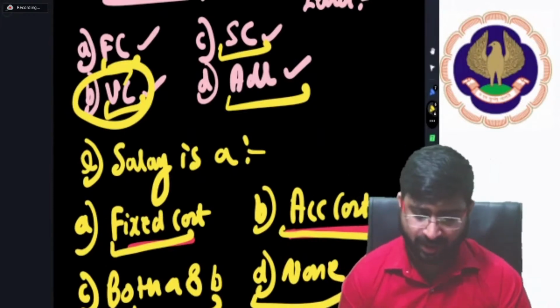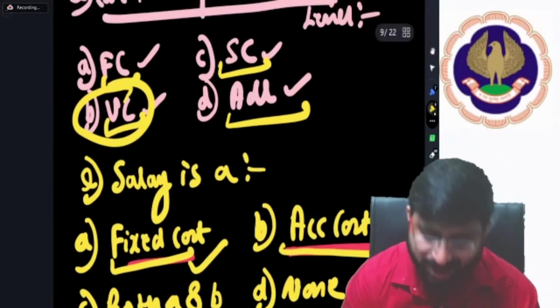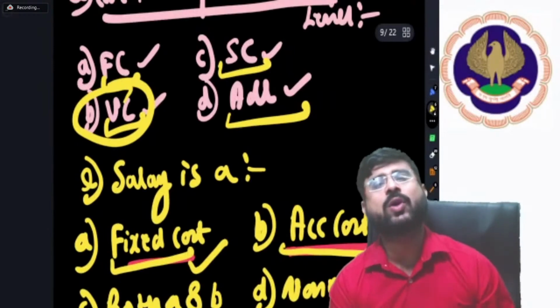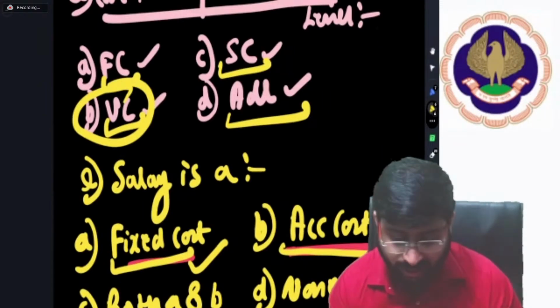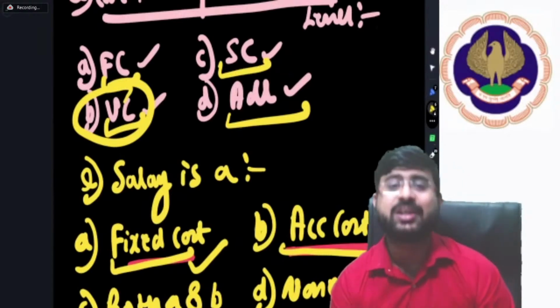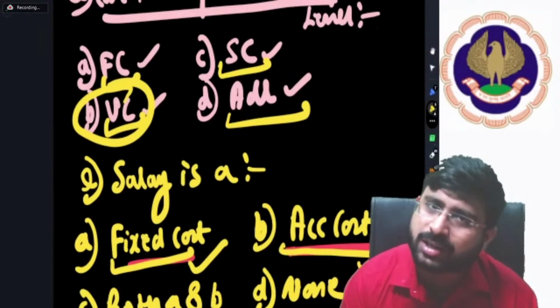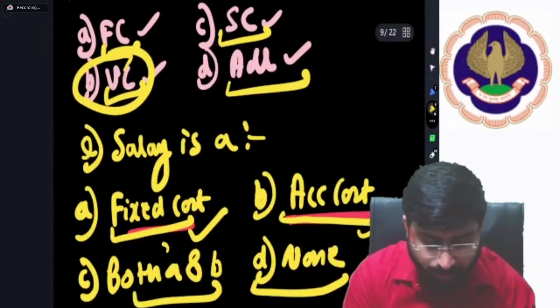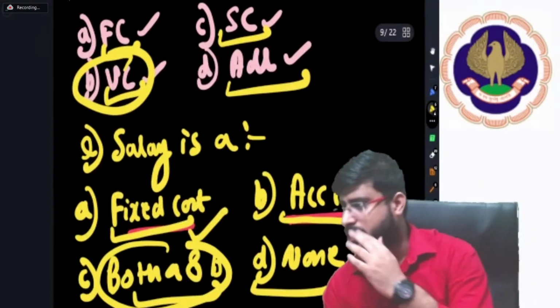So C: yes, salary is a fixed cost because it doesn't change with output level, and salary is also an accounting cost. Why? Because salary is charged in the books of accounts, on the debit side of the P&L account. So the answer will be both A and B.